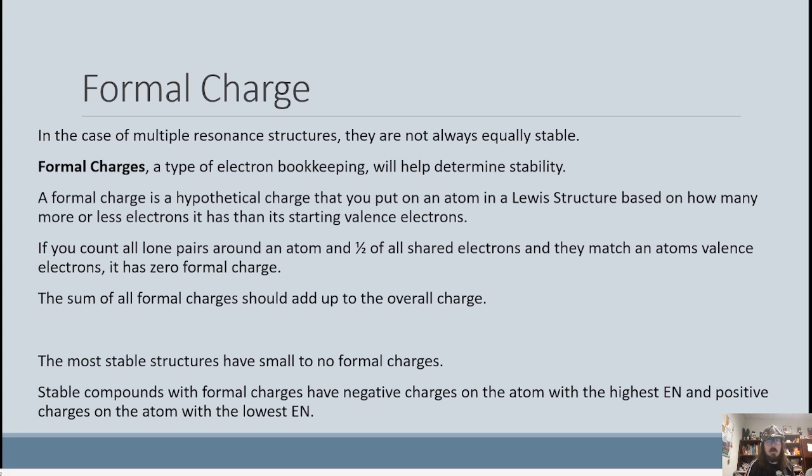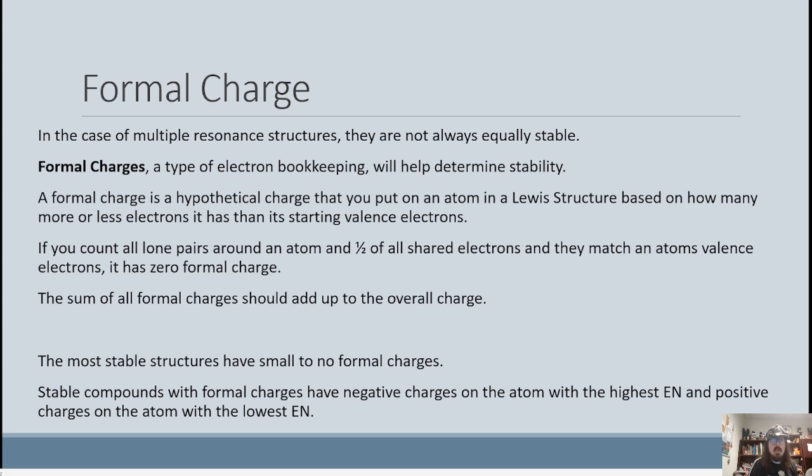And so what we're going to do is count all the lone pairs around the atom and half of all the shared electrons. Why half? Because the bonds are assumed to be a 50-50 contribution. And we're going to compare them to the atom's valence electrons. If they're the same, it's said to be zero formal charge.